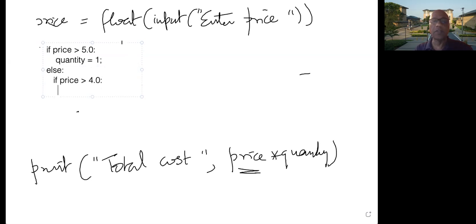If price is less than $3, so that I can use different kinds of things here. That's the reason. Less than $3, quantity equals, let's say, 4.